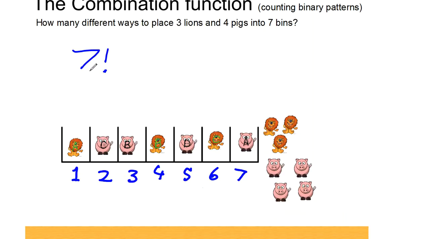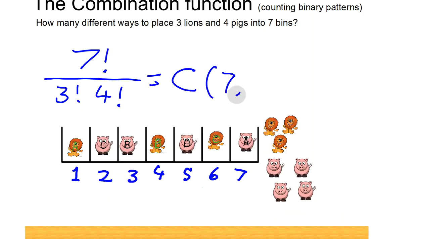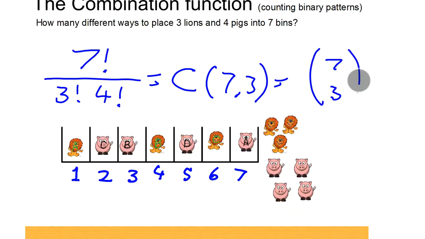So we need to divide by the number of possible ways to put A, B, C. So that's 3 factorial, multiplied by the number of ways to permute the pigs, which is 4 factorial. And again, we get that this is equal to 7 factorial divided by 3 factorial times 4 factorial, which is C(7,3), or 7 choose 3.